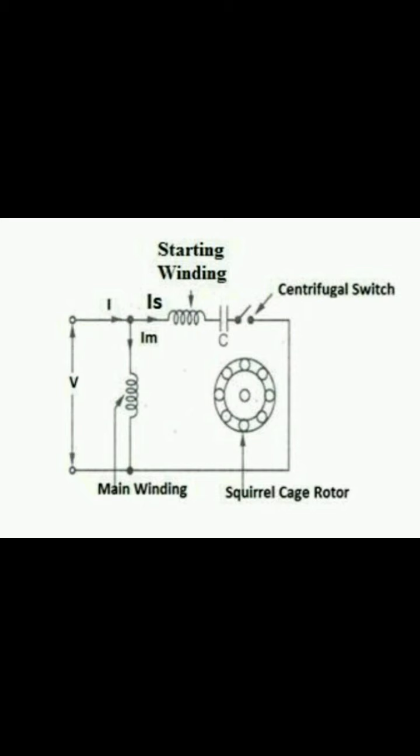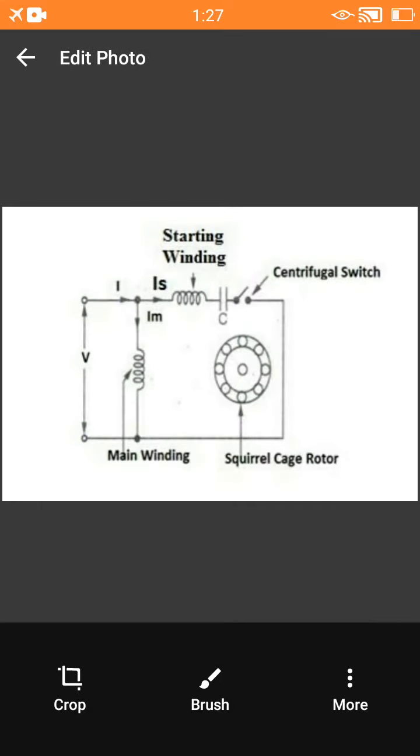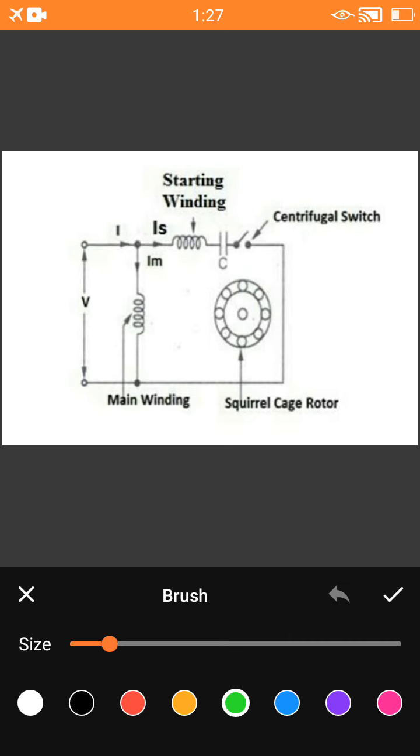As shown in the figure, a single phase supply voltage is applied across the stator winding of a single phase induction motor. The stator winding basically uses two types of winding. The first is called the main winding, and the second is called the starting winding. Sometimes the starting winding is called an auxiliary winding.